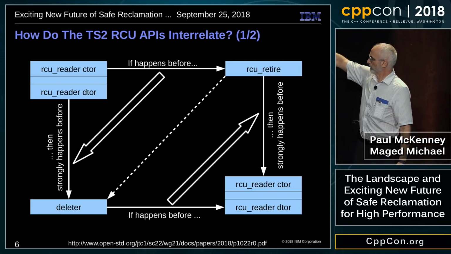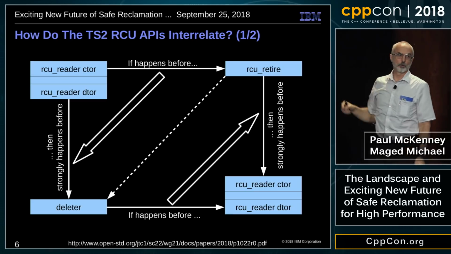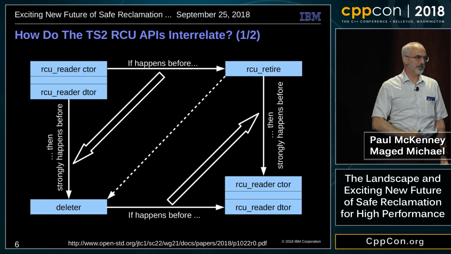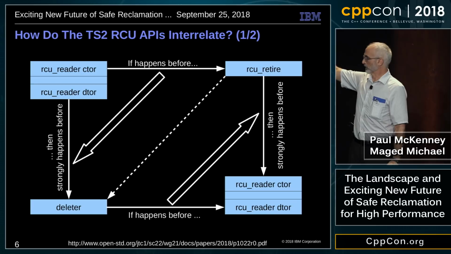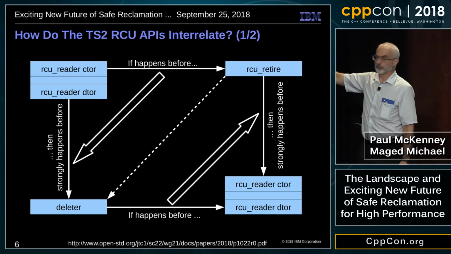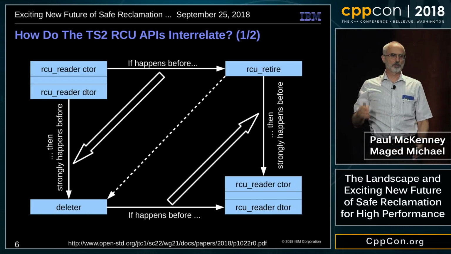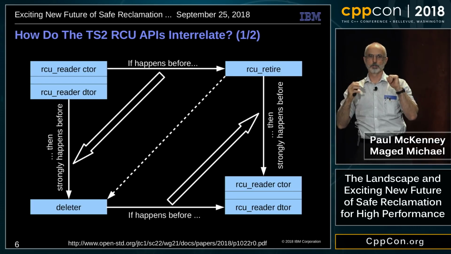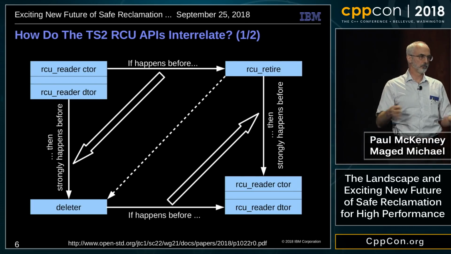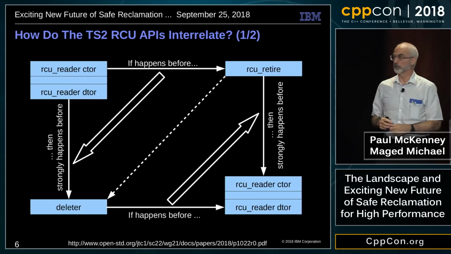If your constructor happens before the retire, RCU guarantees that your reader's destructor will strongly happen before the deleter. So if you have a chance of seeing the early old version, you're guaranteed to be done and gone before any destructive thing happens, like a delete.